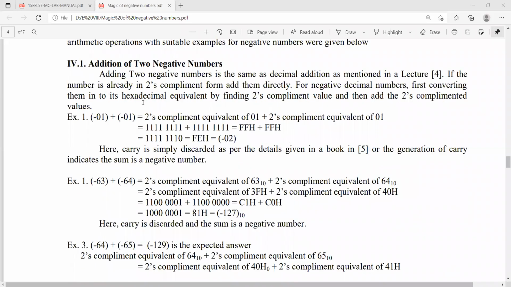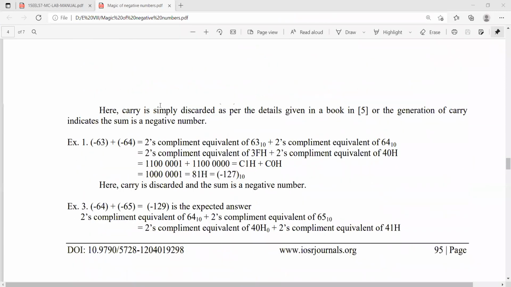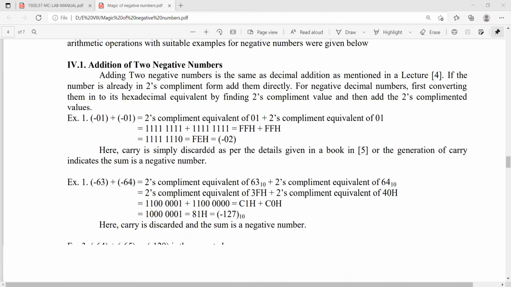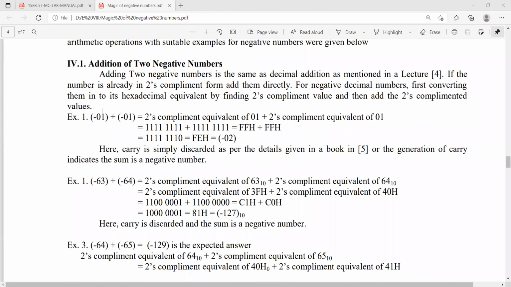So 97 if the negative numbers are concerned. Similarly, how will we do the various operations? So addition operation, subtraction operation. Here addition means, let us assume this one, minus and minus, both negative numbers. So this is one negative number, this is another negative number.